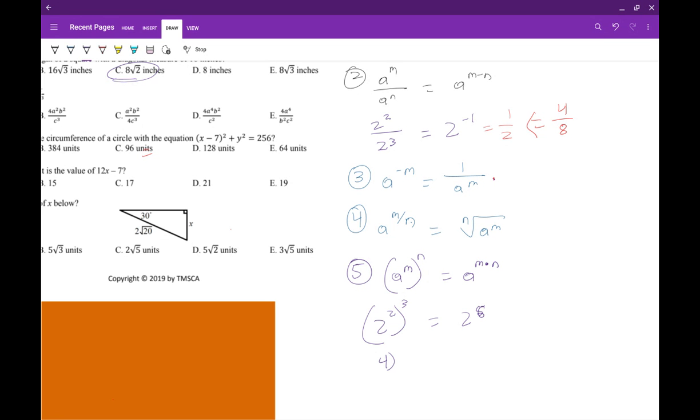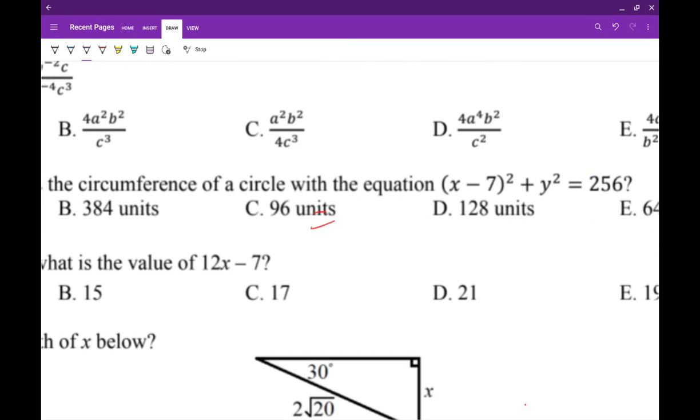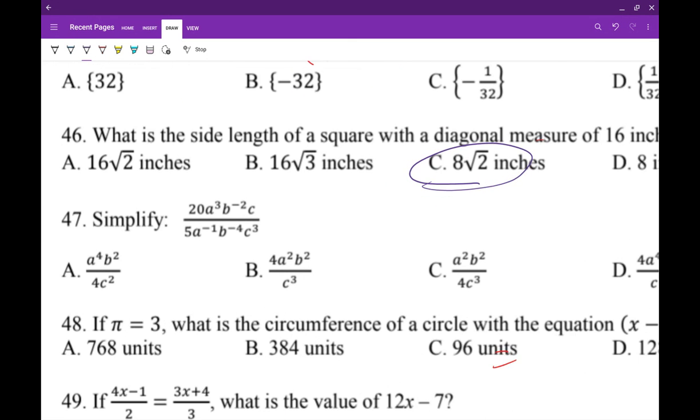So it's going to be 4 cubed, that's equal to 64. 2 to the 6th is equal to 64. These are my rules.